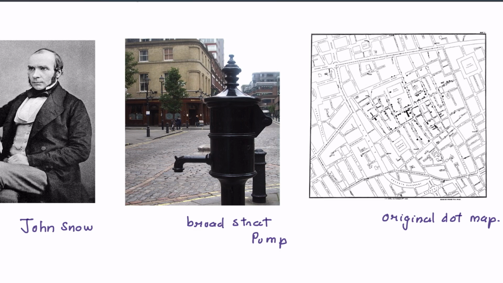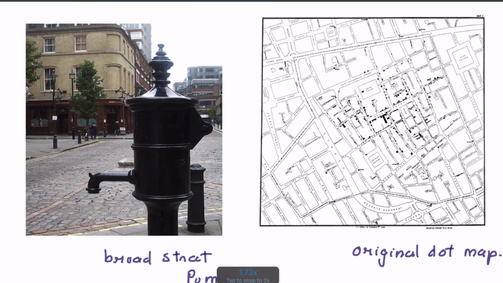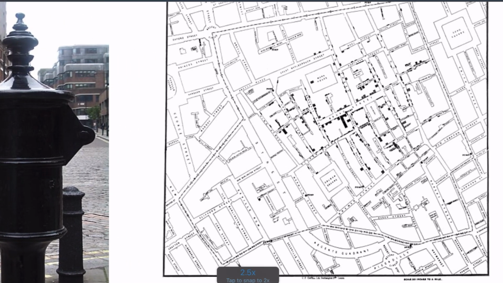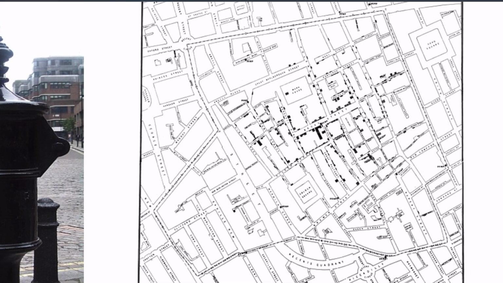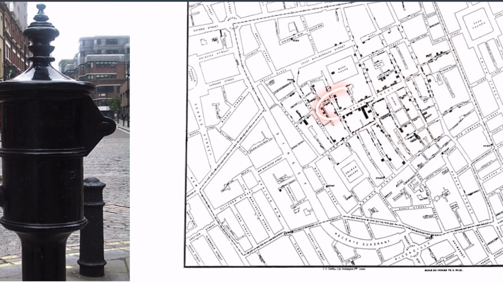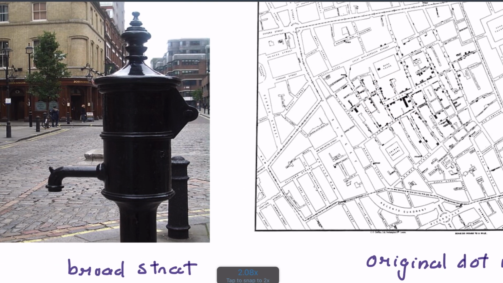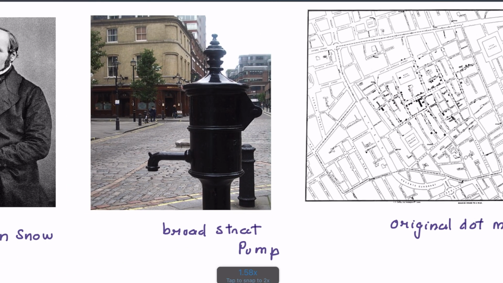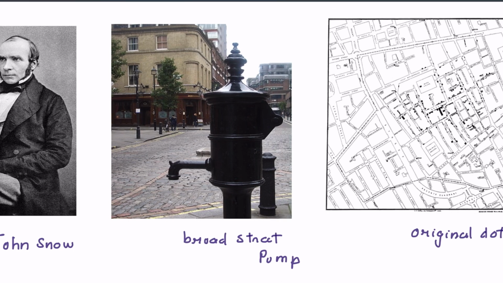So what he did was he plotted out the cases on the map using a dot technique. As you can see, these indicate more cholera cases. And all this pointed out that this pump, the Broad Street pump, was the source of all the infections here.